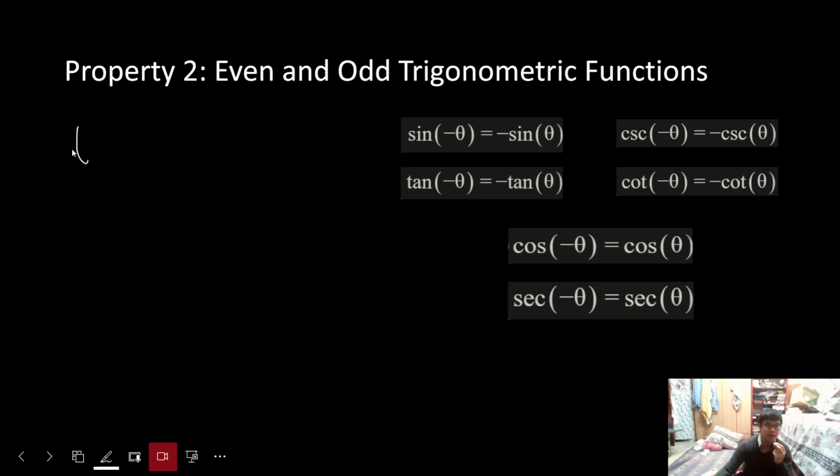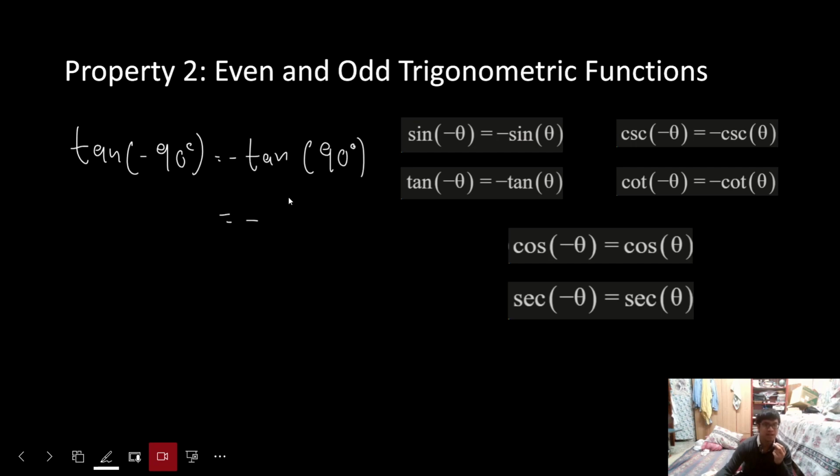Other examples. Let's just say we try tangent of negative 90 degrees. Remember that tangent of negative theta is the same as negative tangent of theta. So tangent of negative 90 degrees is the same as negative tangent of 90 degrees. Tangent of 90 degrees, I think that would be undefined.